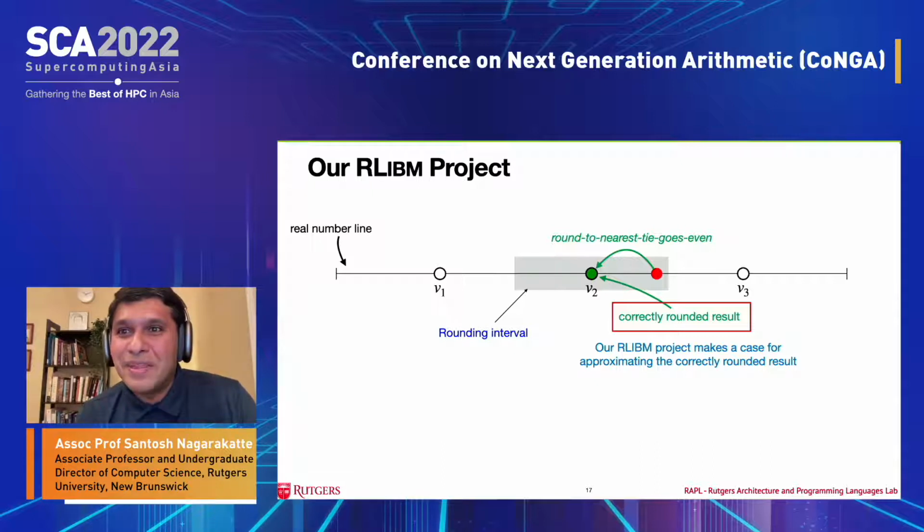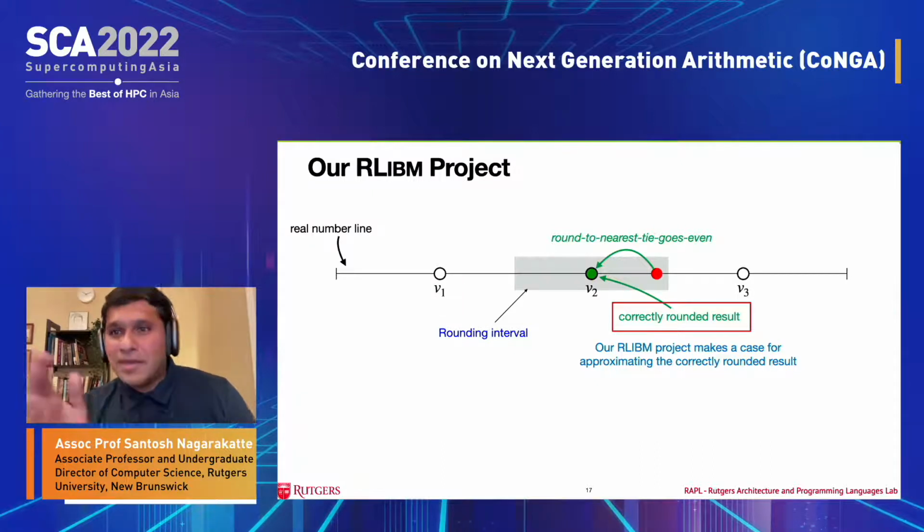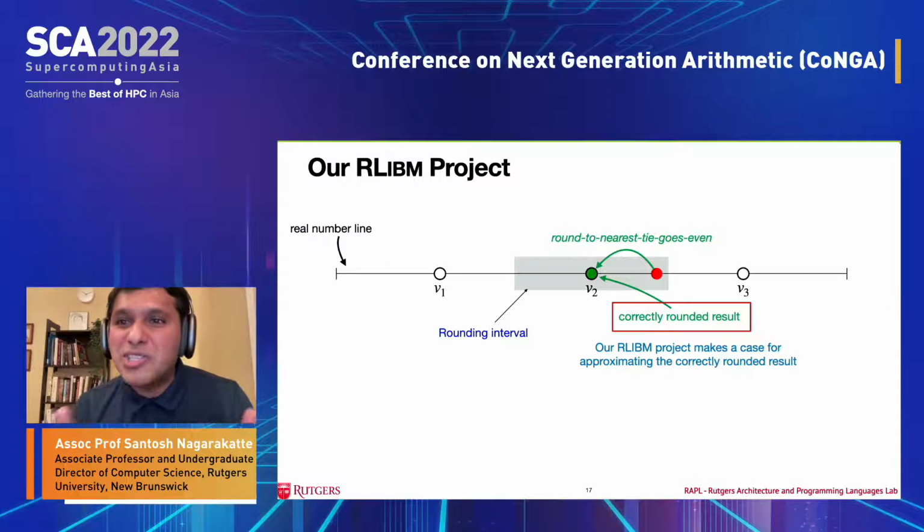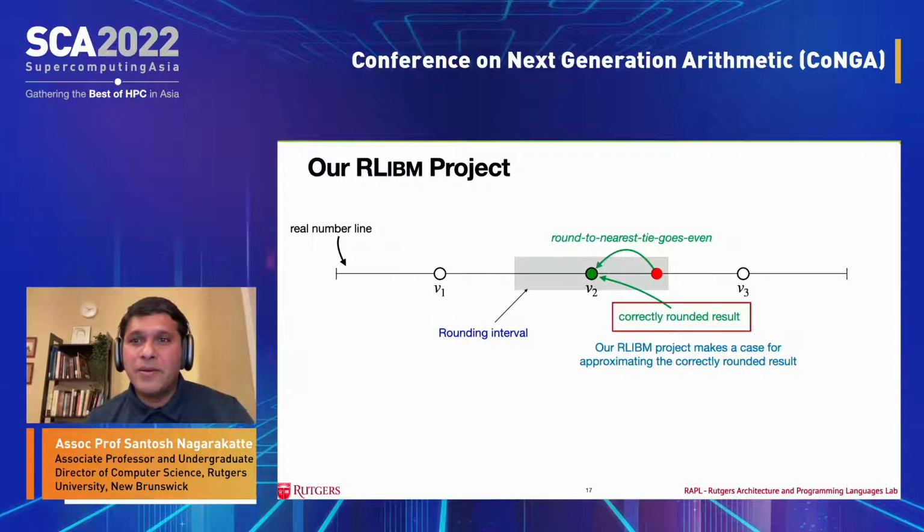And what we show in our papers and in the project is that this freedom is much larger than whatever you typically get with a minimax polynomial. So if you approximate the correctly rounded result, you have a freedom, which is the rounding boundary that produces this exact result, right? So that is the total maximum amount of freedom.